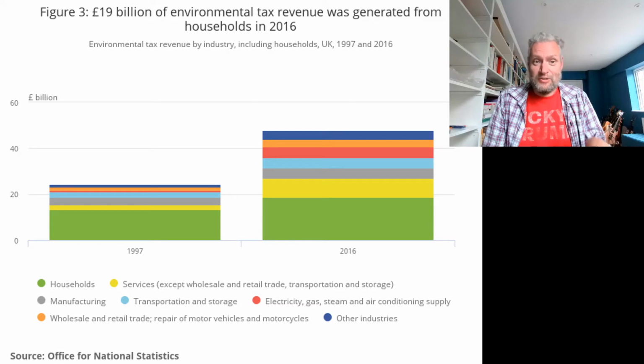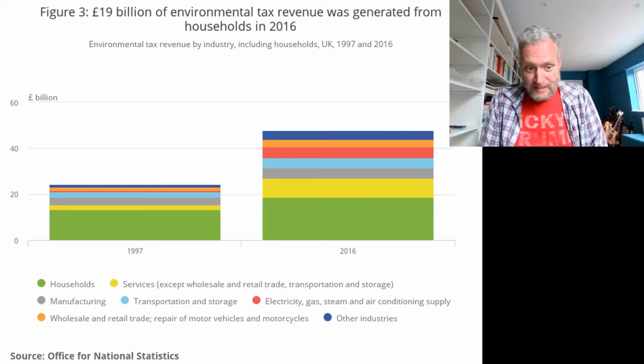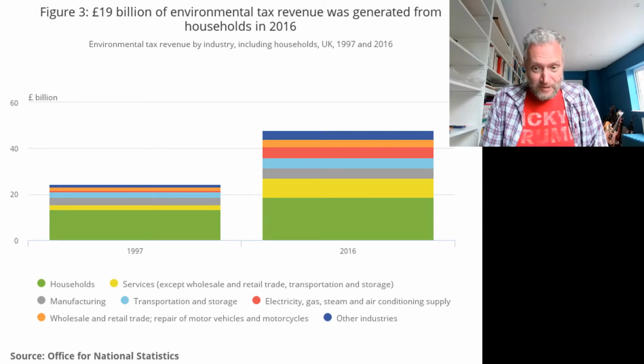And it also tells you that about a third of that came from households, and the rest came from different parts of the private sector. I should say of industry and services.